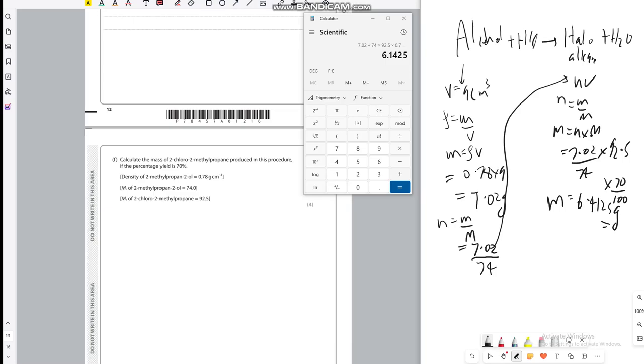I divided it by 74, then that answer I multiplied by 92.5, and that answer I multiplied by 0.7, isn't it?